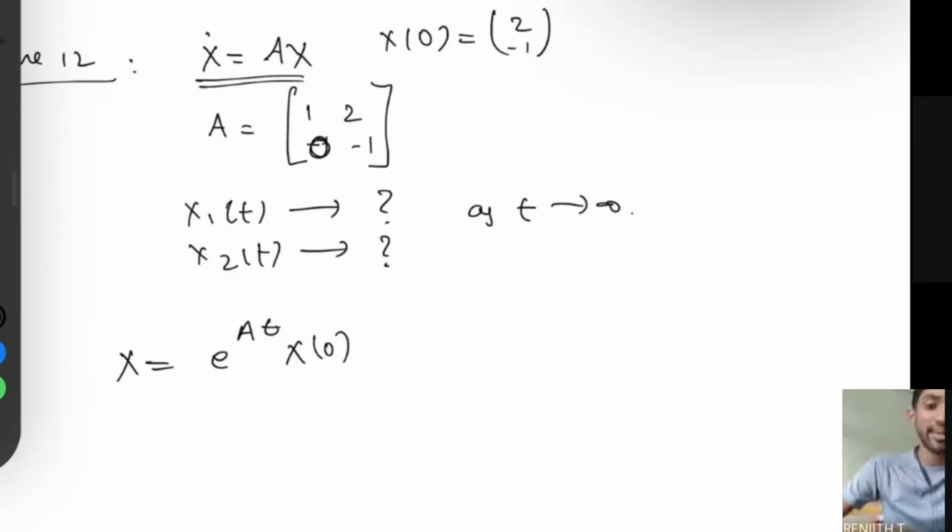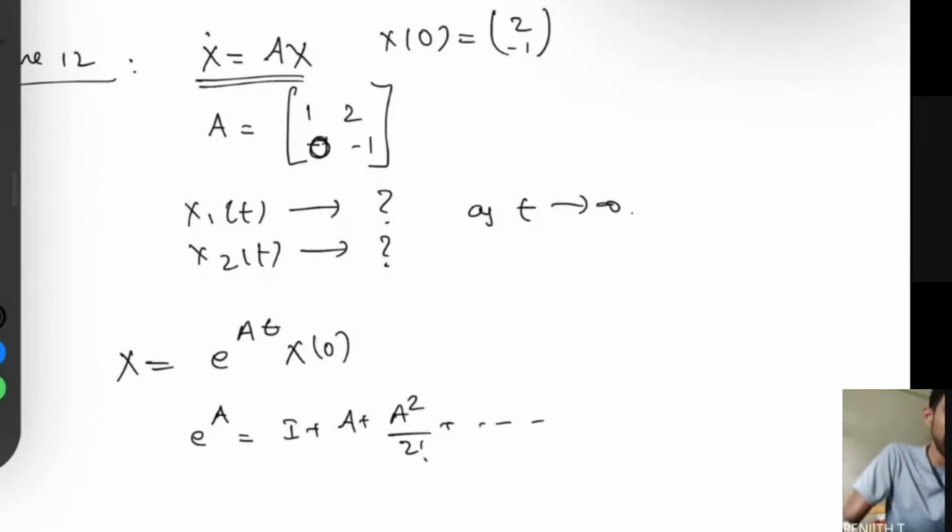And what does exponential of A mean? e power A is equal to I plus A plus A square by 2 factorial plus, etc. This is what we call the exponential of A. The convergence and everything you can deal with later. Take it for granted that it is convergent in some usual norm. So x is equal to e power At times x at 0.